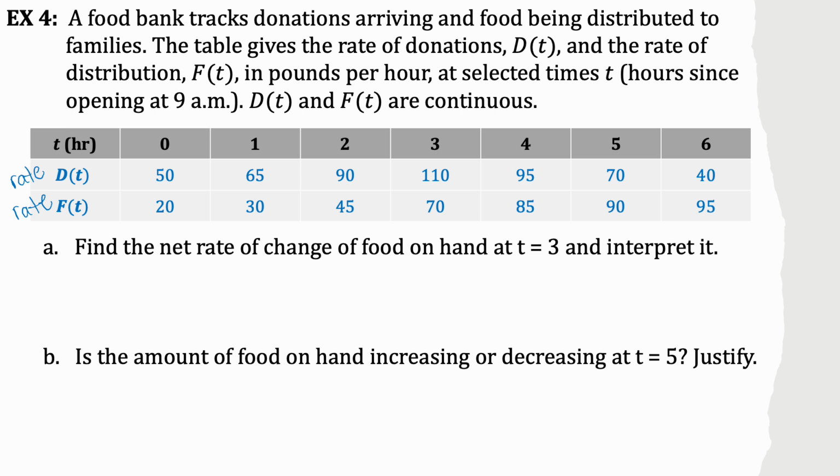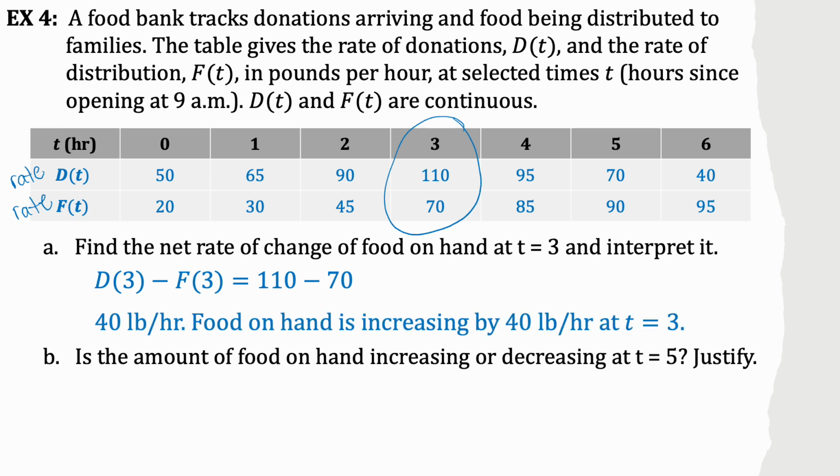Find the net rate of food on hand at T equals 3 and interpret it. The net rate is going to be donations arriving minus donations being distributed. So 110 minus 70, about 40 pounds per hour.